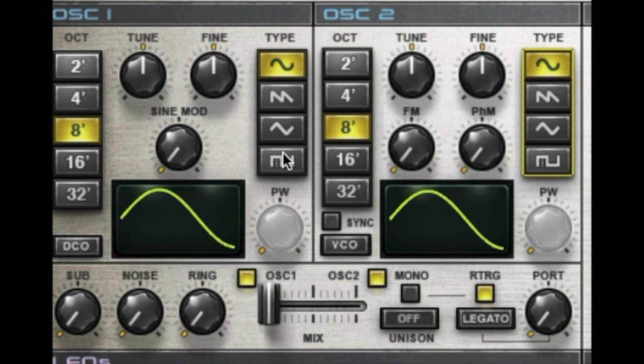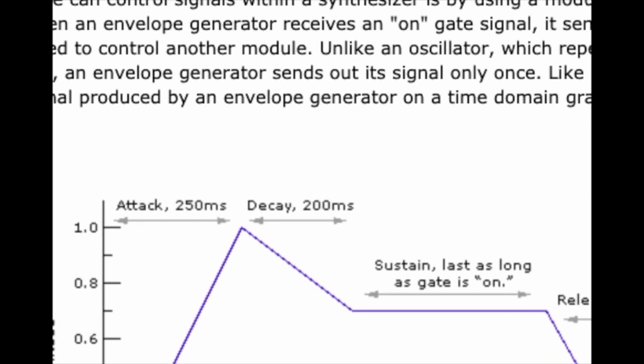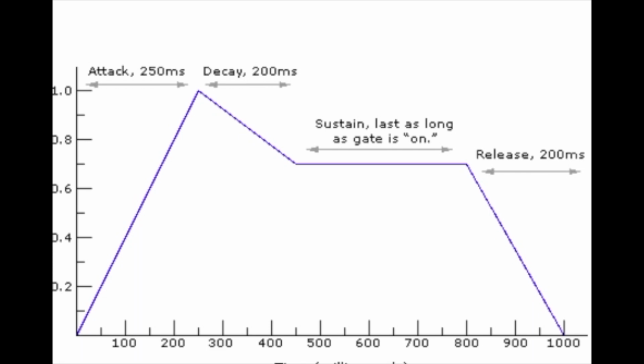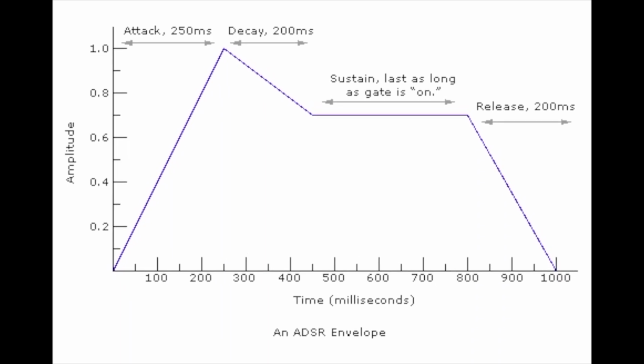But one of the other things that real instruments do is they have a specific shape to their volume in time. That's called an envelope. So if we look back at the Bo Sievers article here, we can talk a little bit about envelope generators. Envelope generators, or ADSRs, are a way of controlling the volume in time.